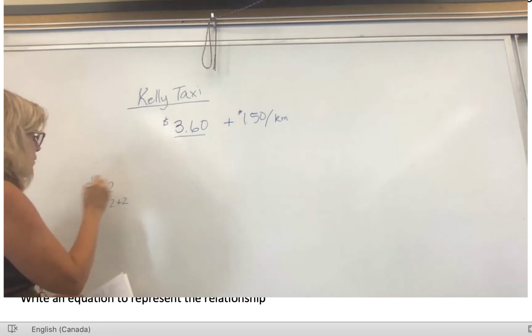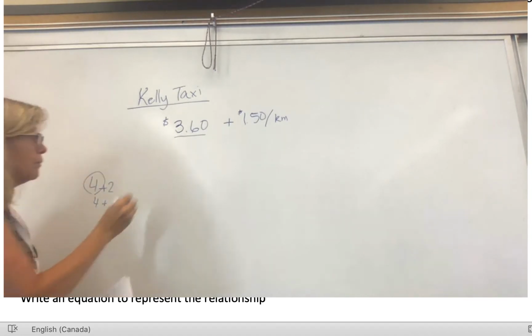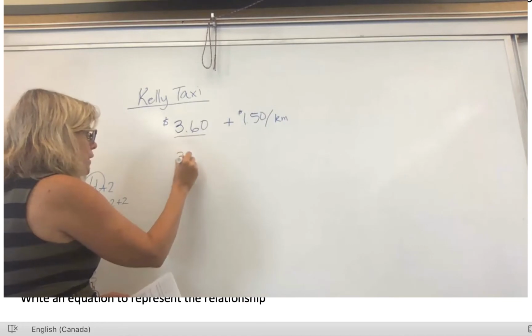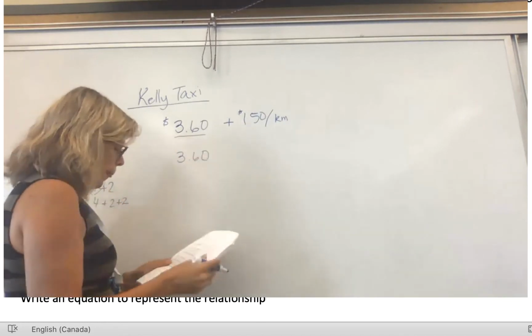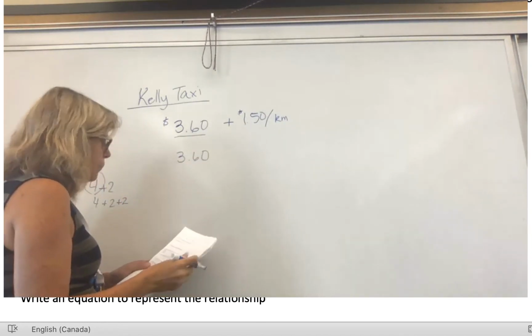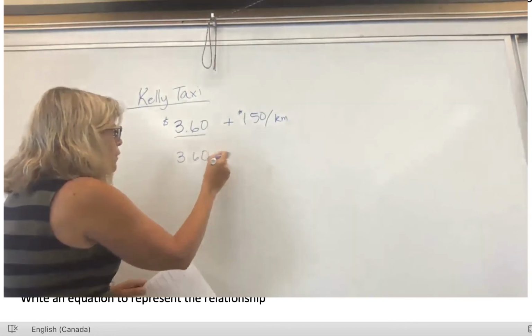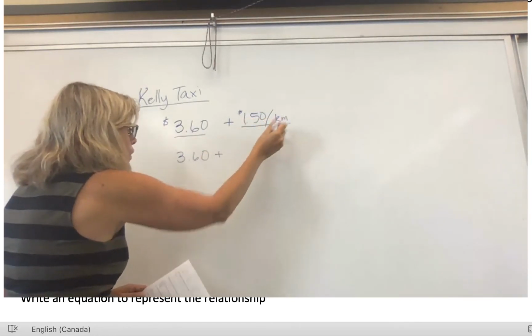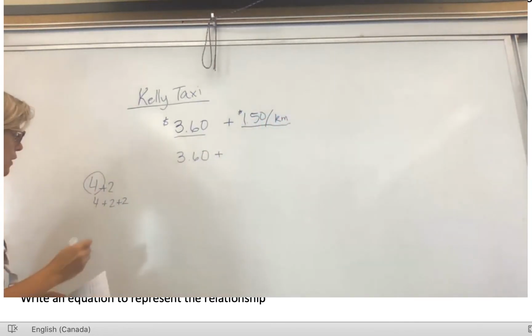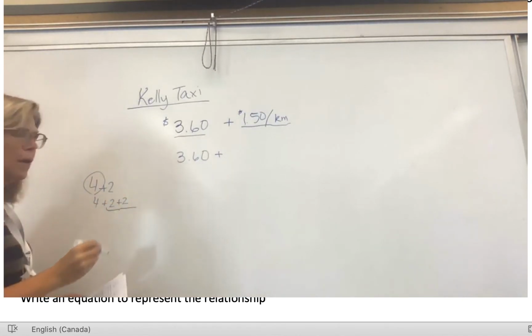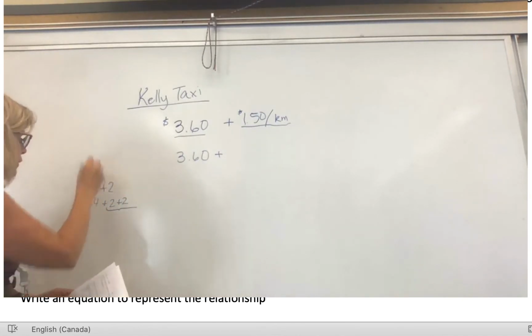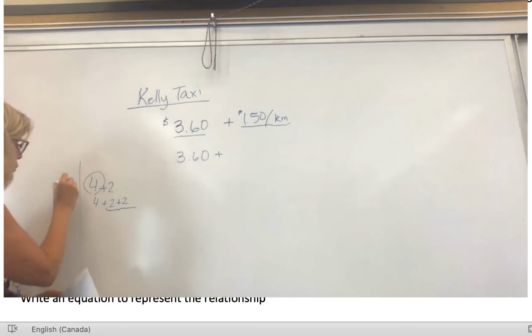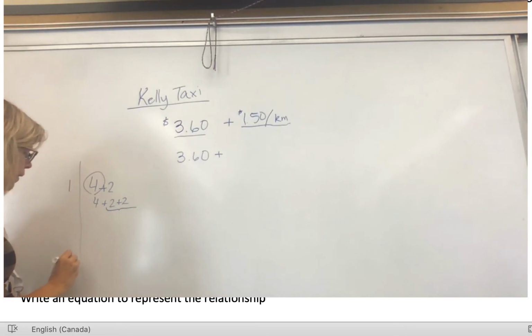So in this case, the 3.60 is like the 4. So you have 3.60 plus, and now you don't know how many kilometers you're going to travel. And that's just like the number of 2's. You don't know how many 2's you're going to end up with. Depends on the term, right? If the term is 1 or the term is 200.